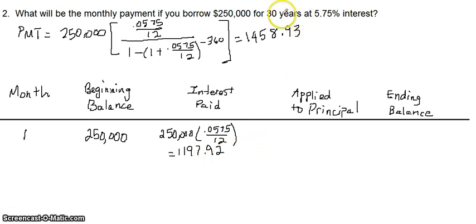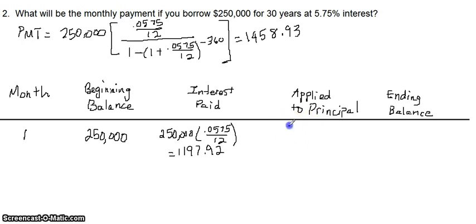Well, we know that every month we're sending the bank $1458.93. So we're sending them a check or something equivalent for that amount. If $1197.92 of that was interest paid, then the rest of that got applied to principal.